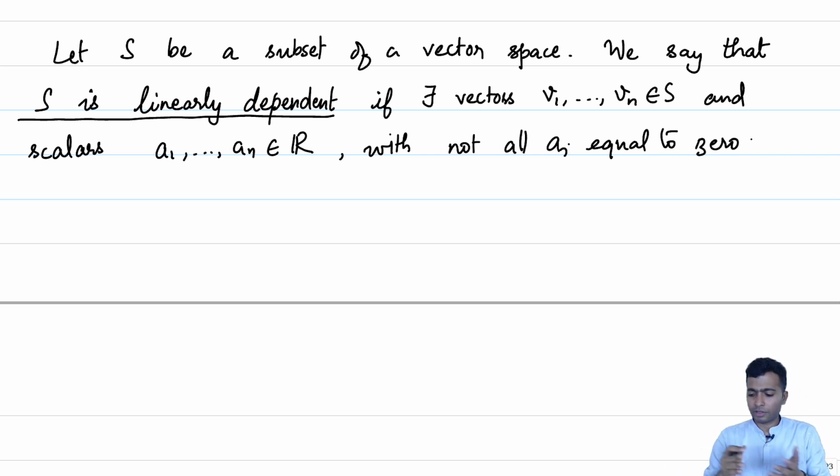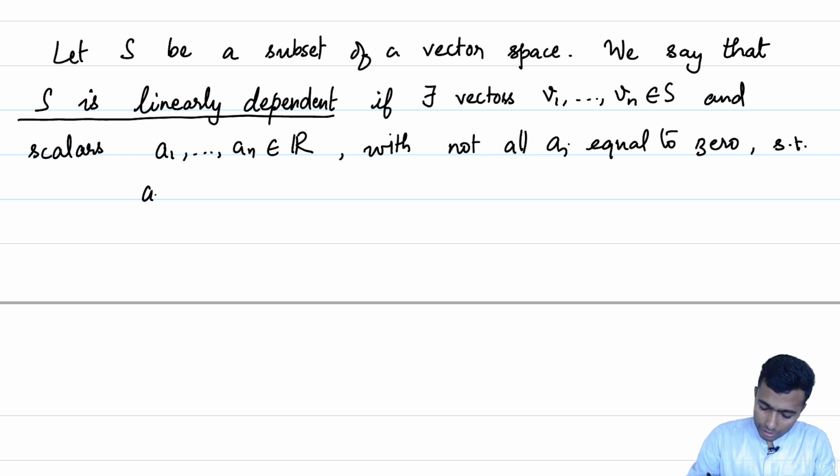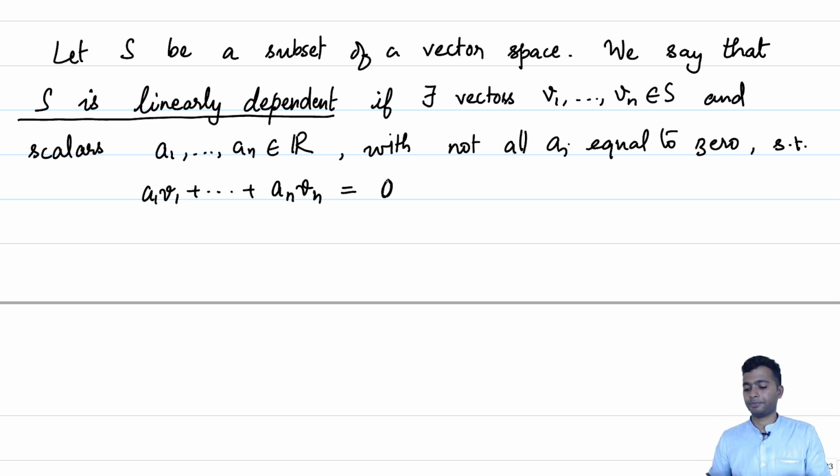That means that at least one of the Ai's will be non-zero, such that the linear combination of V1 to Vn with coefficients Ai's gives us the 0 vector.